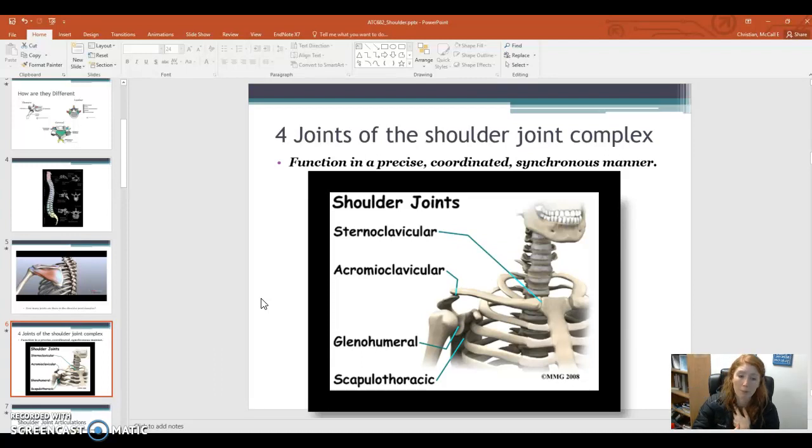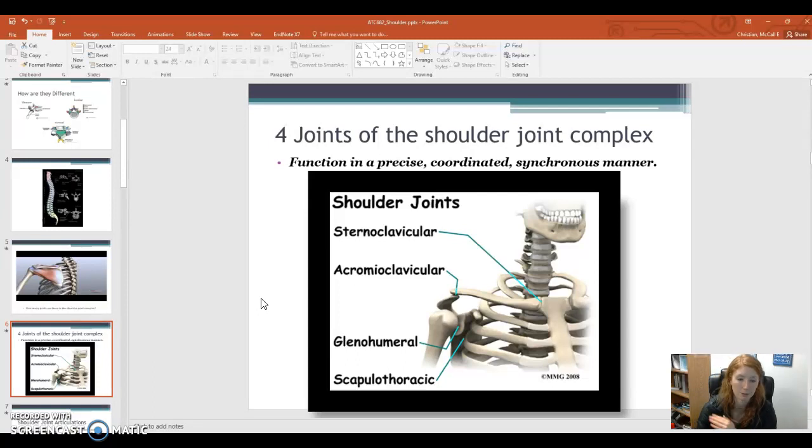To raise our arm, it has to get out of the way and move. If the SC joint on the anterior side is stressed or having issues, you're going to have pain there and not be able to move the rest of the extremity. Then we have our AC, or acromioclavicular joint.